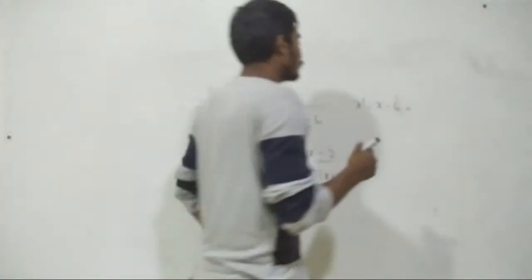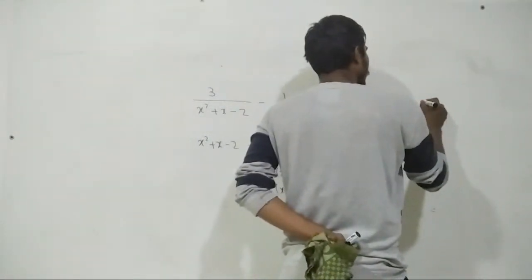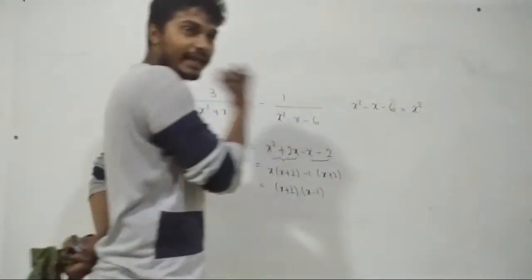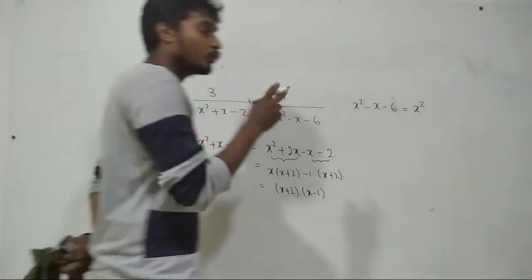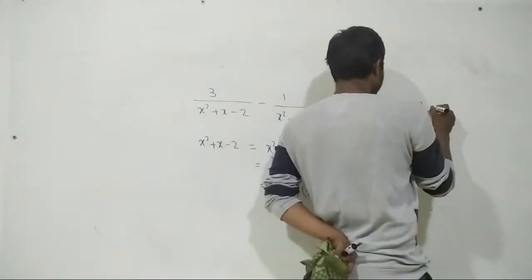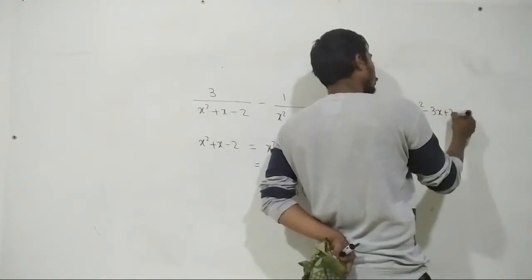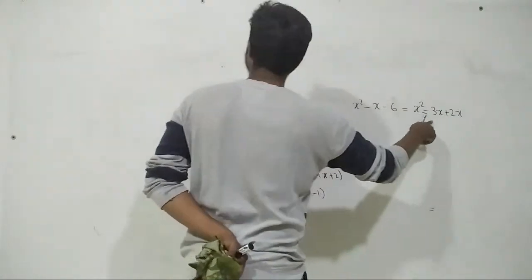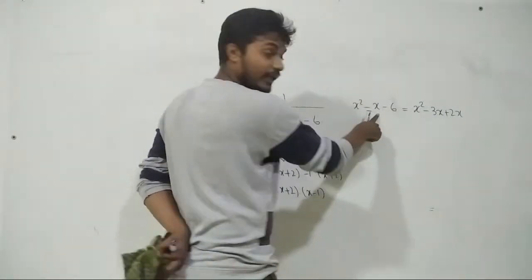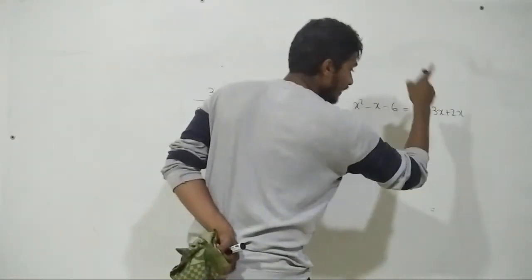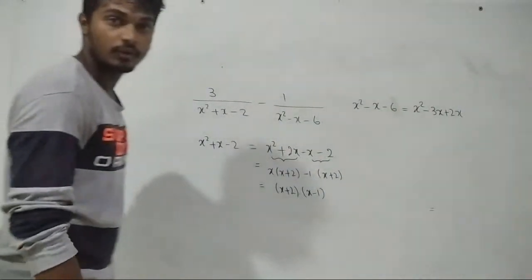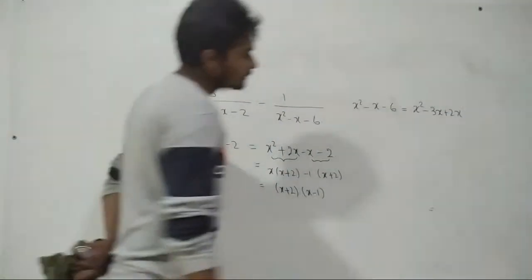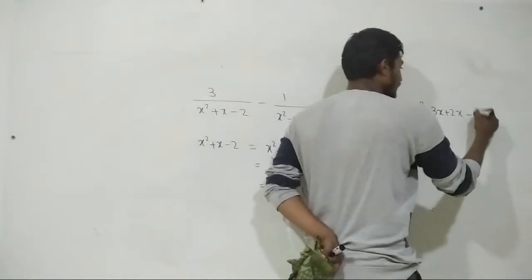So when you break x into 2 portions, you're going to have minus 3x plus 2x. Why so? Because look at this, minus 3 plus 2 is going to be minus x, and minus 3 into plus 2 is going to be minus 6. Alright. So guys, now you have minus 6 over here.